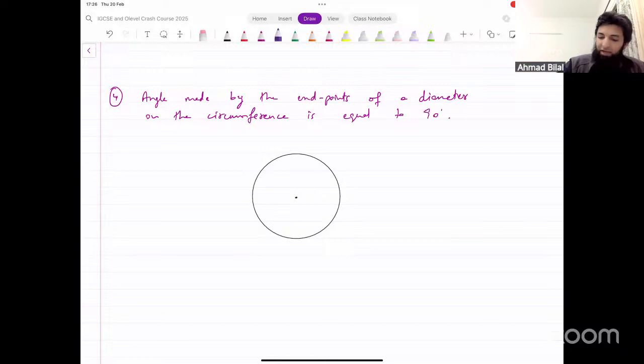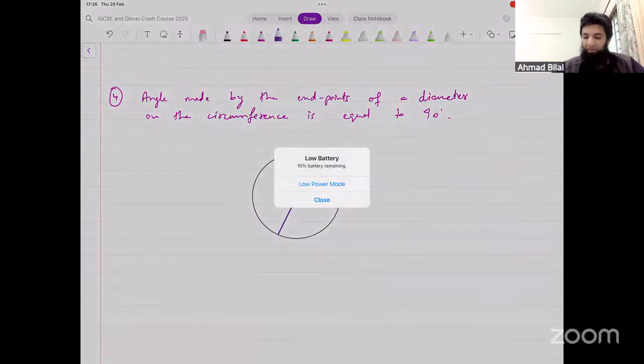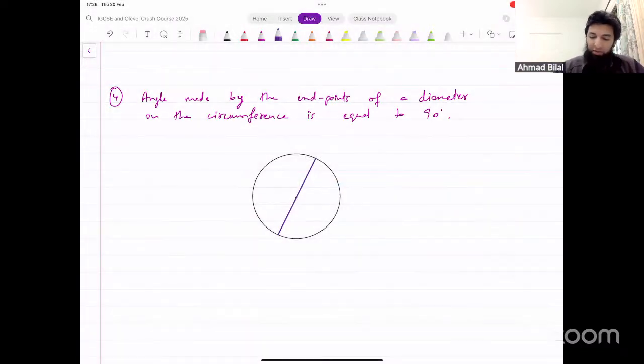So if you have a diameter, what's a diameter? It's a chord that passes through the center of the circle. So this line, for instance, you can say that's the diameter. The endpoints of this diameter, if they make any angle at the circumference, let's say this is A, this is B. Let's say you have one angle at the circumference that looks like this. This angle is going to be 90.